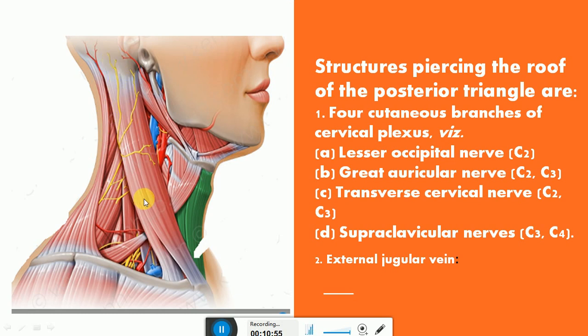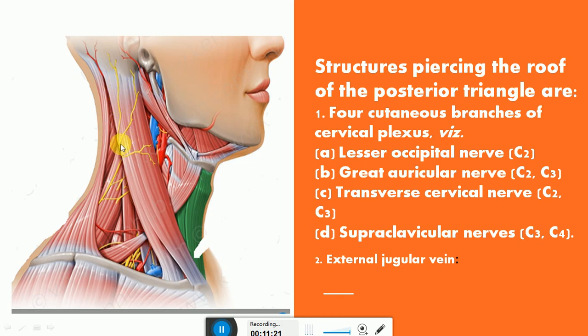One thing I have to tell you, that this is the sternocleidomastoid muscle. Just at the posterior border, we can see at a particular point from where all these cutaneous nerves are arising. You should remember this point. This particular nerve is lesser occipital nerve.